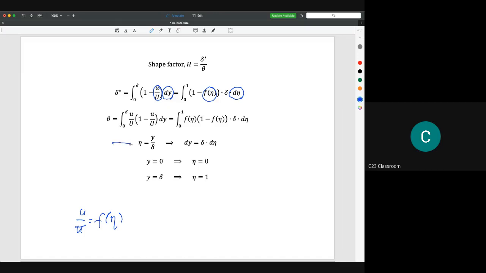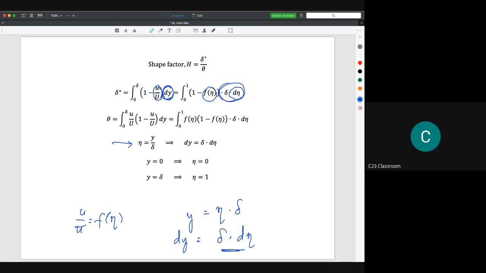Let's say we have eta equal to y over delta, and then y is equal to eta times delta. So dy will be delta times d eta. We don't have d delta because delta is the boundary layer thickness, and the value of boundary layer thickness is fixed at a certain value of x. So we replace the dy with delta d eta, so we have this term.